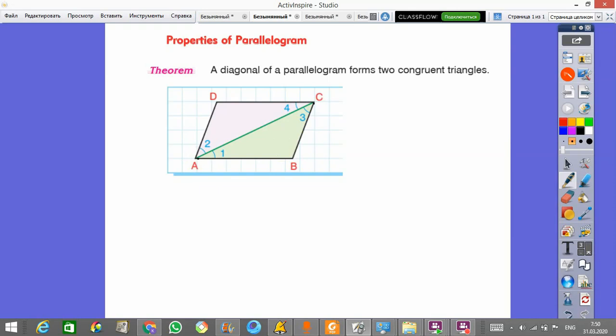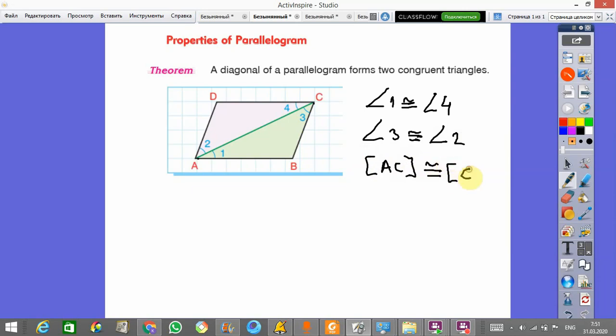If you remember alternate interior angles, angle 1 is congruent to angle 4, like this. And angle 3 is congruent to angle 2. So if these are alternate interior angles, then we can write line segment AC is congruent to line segment CA.